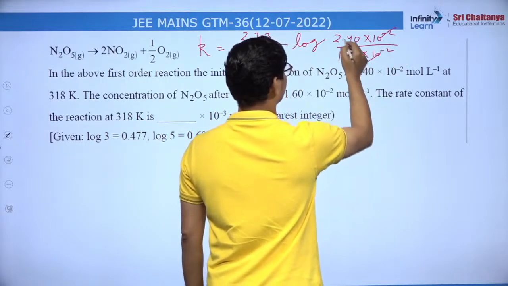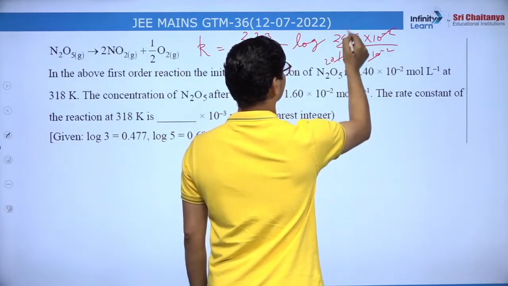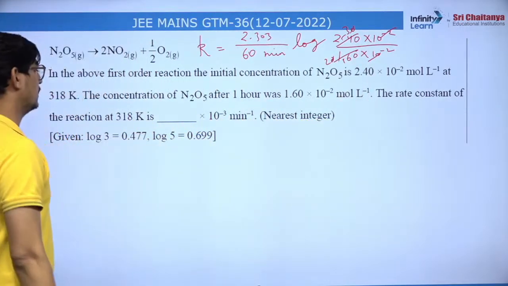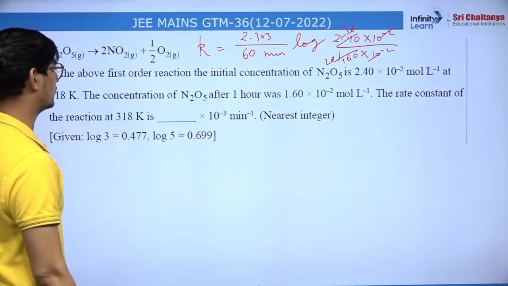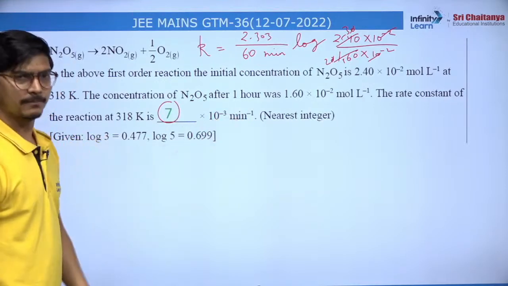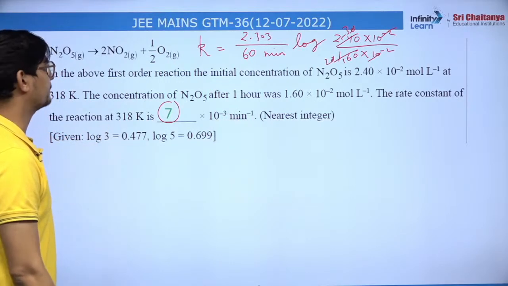So you can cancel it, right? So 3 by 2, log 1.5, it is given, right? So you can solve it. You will find the correct answer as approximately 7 into 10 raised to the minus 3 per minute. Simple calculation after that, okay?